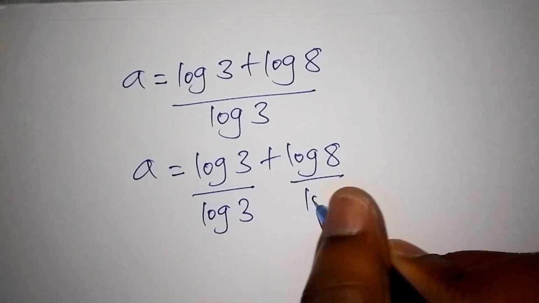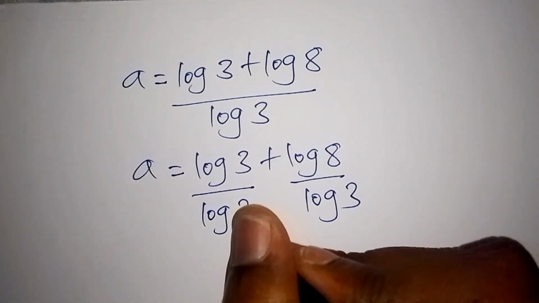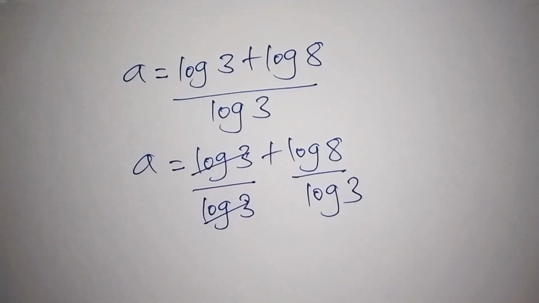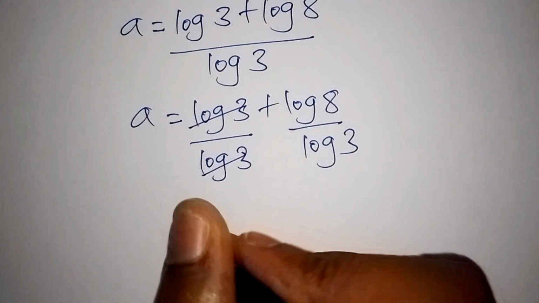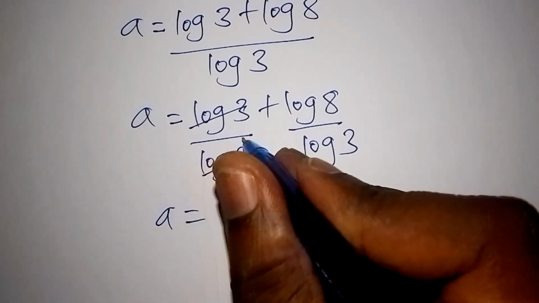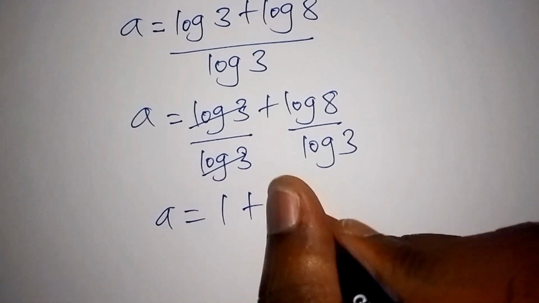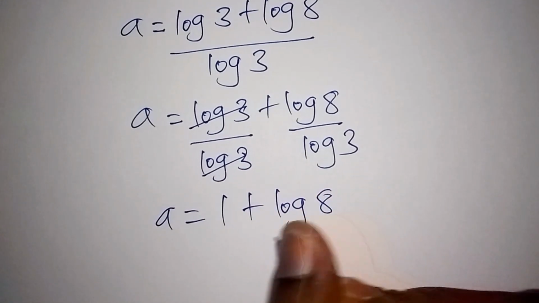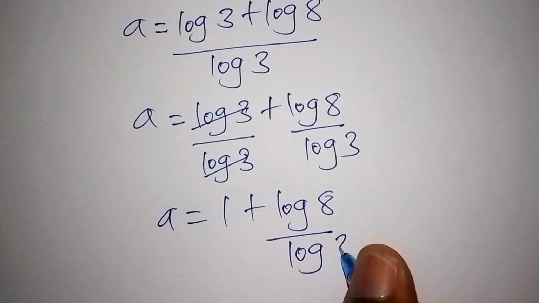Each term shall be over the log of 3, so that the log of 3 and the log of 3 cancel. So now a is equal to 1 plus the log of 8 all over the log of 3.